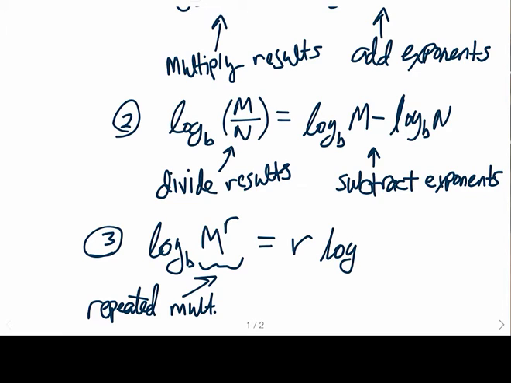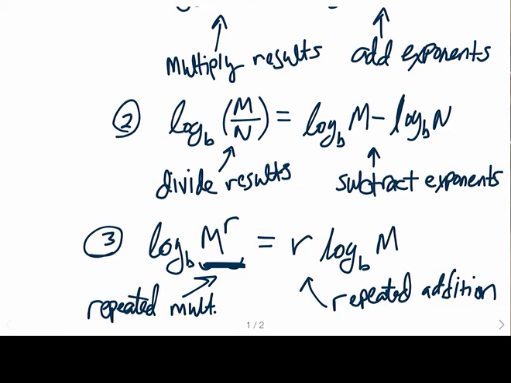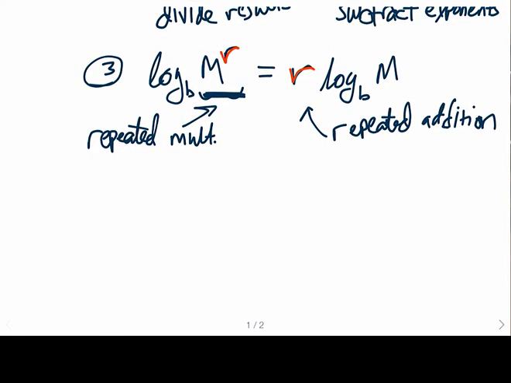And so log base b of m to the r is r times log base b of m. You see, the repeated multiplication that m to the r represents becomes now repeated addition, which results in the exponent becoming a coefficient. Those are kind of the biggies, but there are still more.